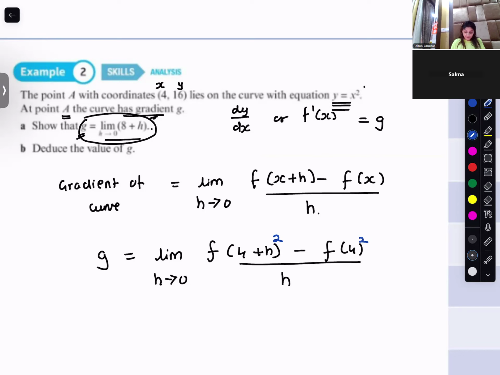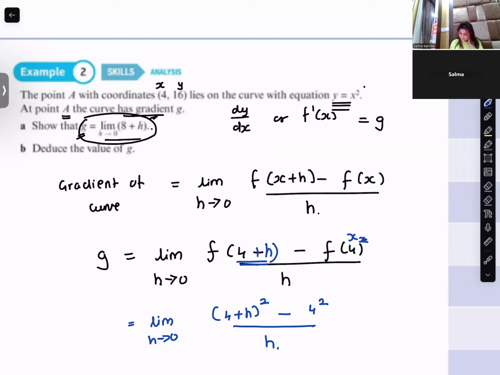Okay, this is x plus h, and this is x, f of x. So I would say it is the limit as h tends to 0 of 4 plus h the whole square minus 4 square divided by h. So this was your y. y is equal to x square. So do not forget to square this.